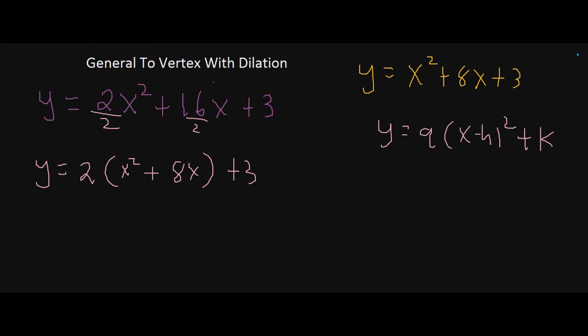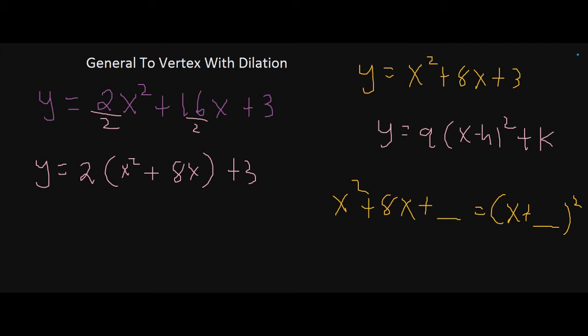So as you can see, we want this to become a perfect square, right? Now that we pulled the number out, we want this right here to be a perfect square. So now we're just going to focus on what's in here, okay? So I'll go ahead and write it over here. x squared plus 8x plus blank equals x plus blank squared.